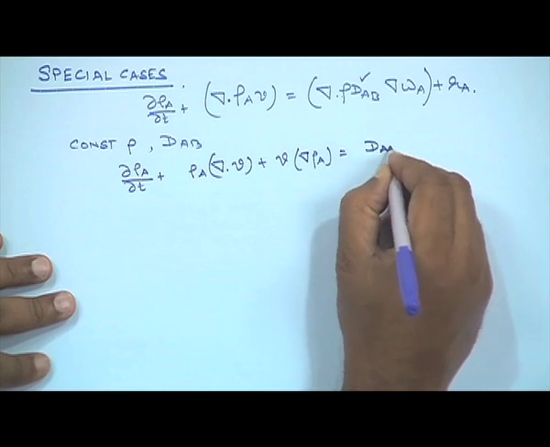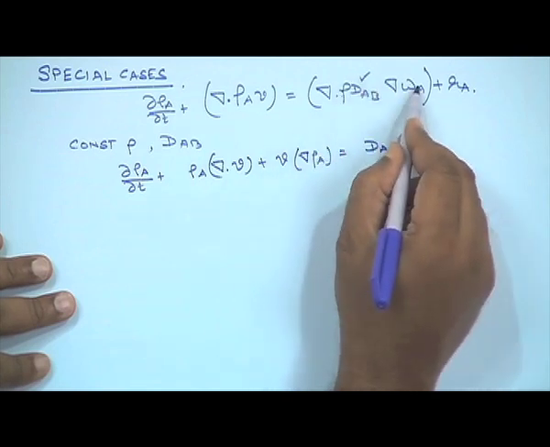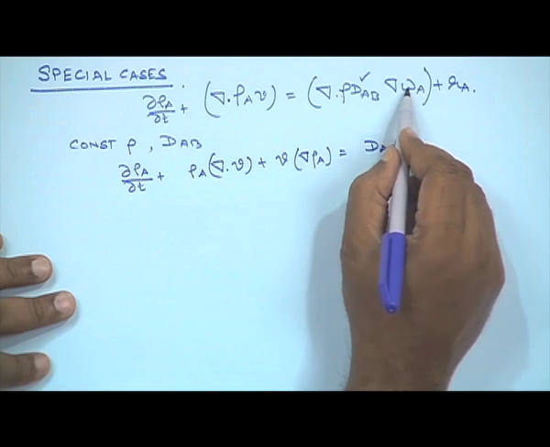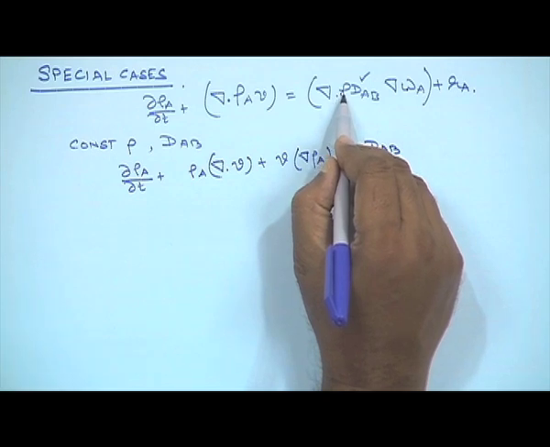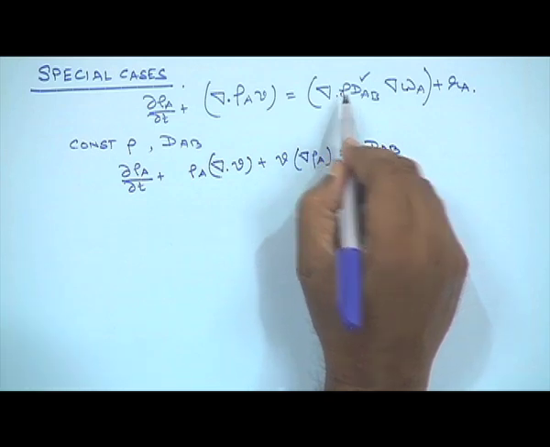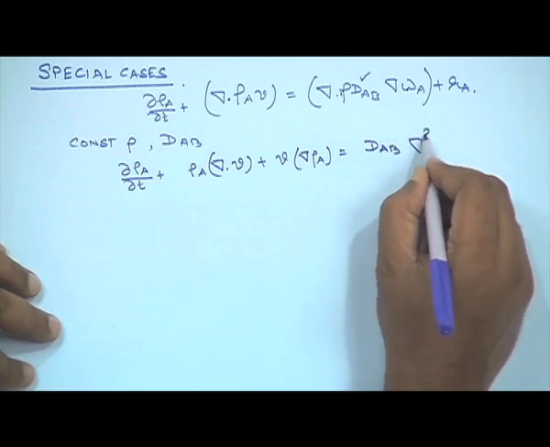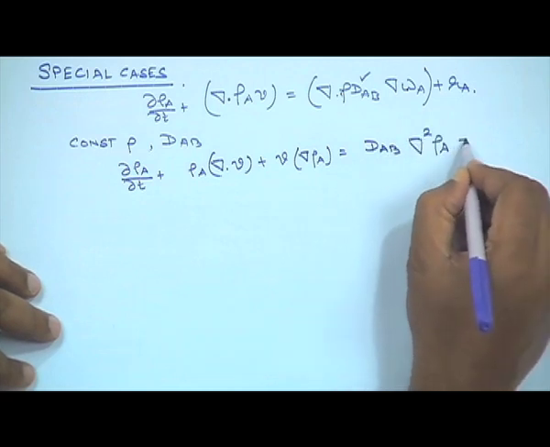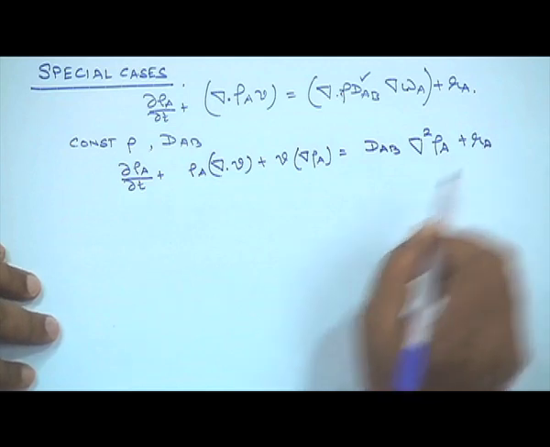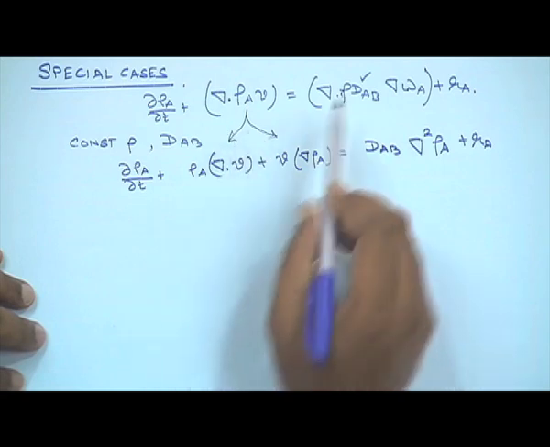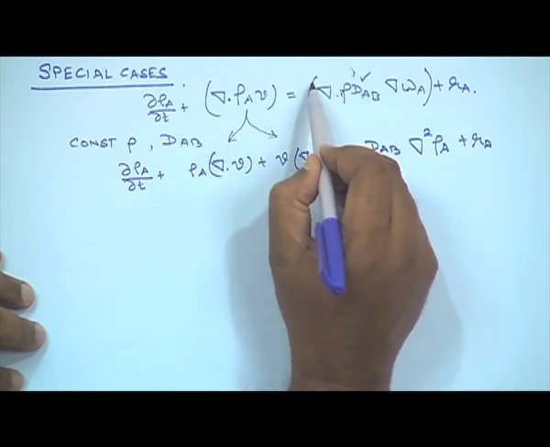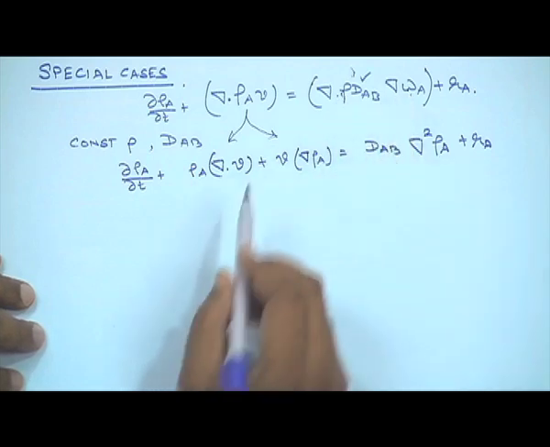So dAB is taken outside and rho is taken inside. This is mass fraction multiplied by the total density. So this would simply be equal to del square times rho A, plus R A, which will remain unchanged. So I expanded this into these two terms, took dAB outside and took rho inside.